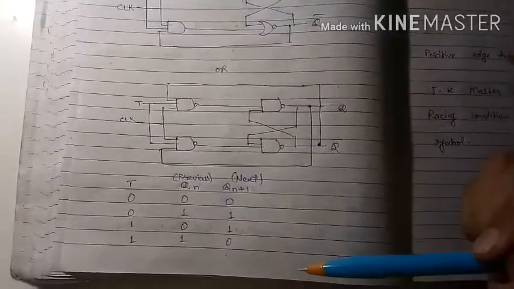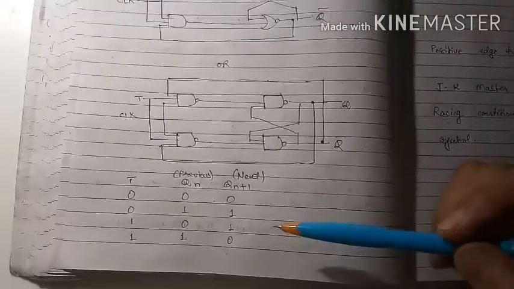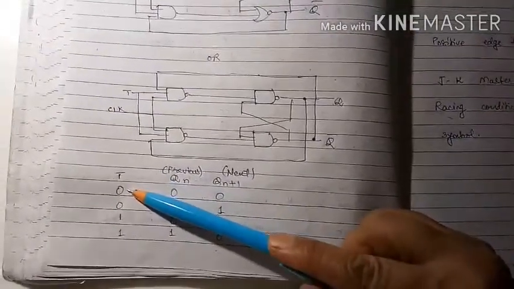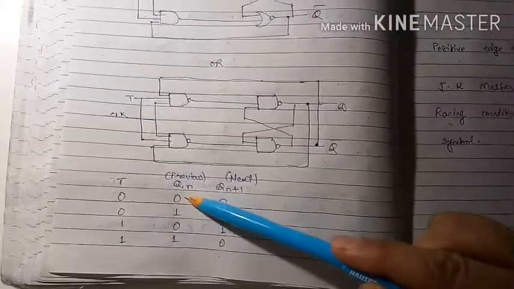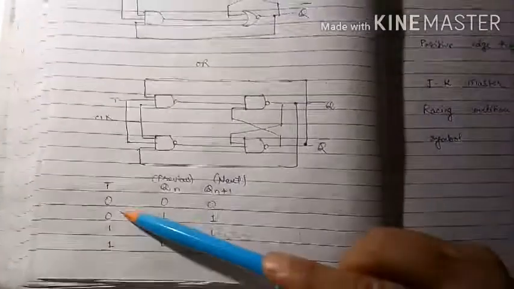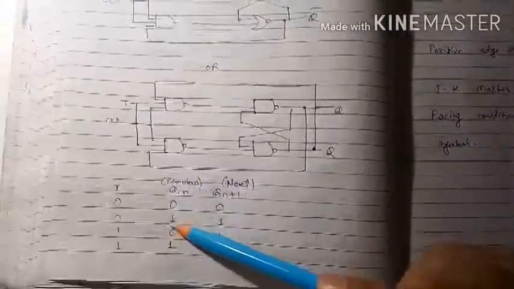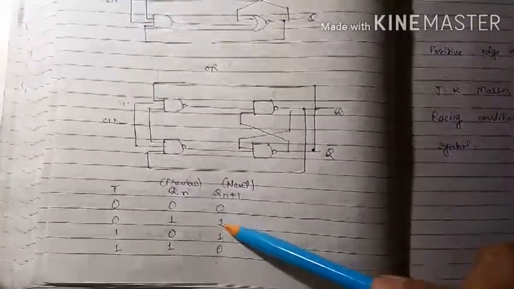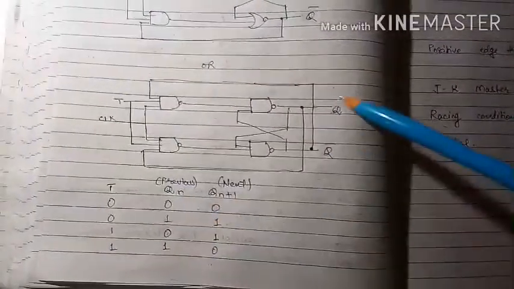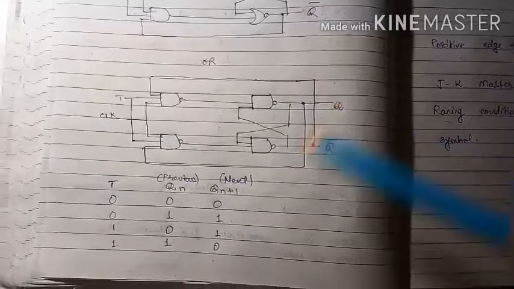The truth table for the toggle flip-flop is this. When T is 0 and the previous state was 0, then the next state is 0. When the toggle input is 0 and the previous state is 1, then the next state is also 1. Means if T is 0, no change at the output is obtained.